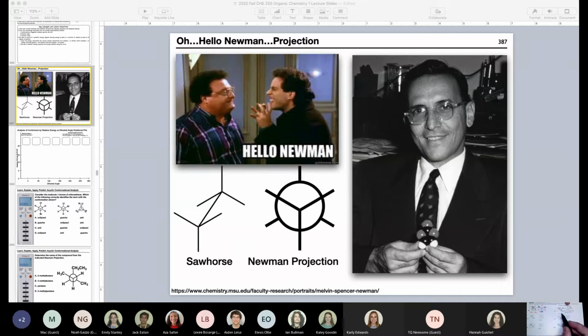And that's why we draw it this way. See this bond, this wedge, and this wedge? They are projected out towards you. The dashes are projected away from you. So you're looking orthogonal and you see this backbone, right? I just highlighted it in pink.